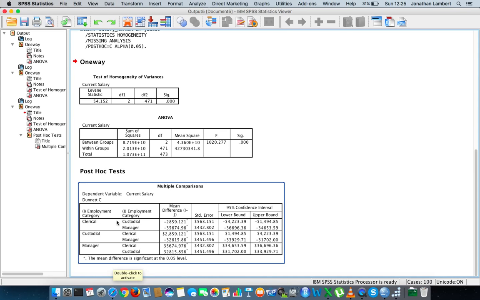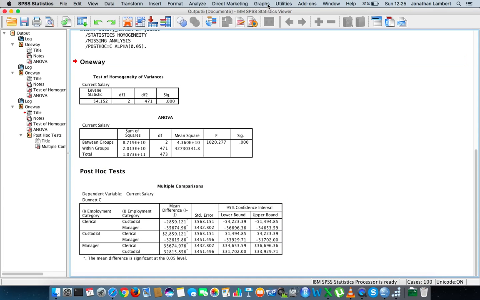Yeah, and there is a significant difference between the average earnings of clerical officers and managers. Yeah, custodials and managers, and so on and so forth. Okay, let's have a look at this here. Did I rerun this with the right variable? I think I did. Yes, I did. Yeah. Okay. So actually, there are differences right across all of our groups.